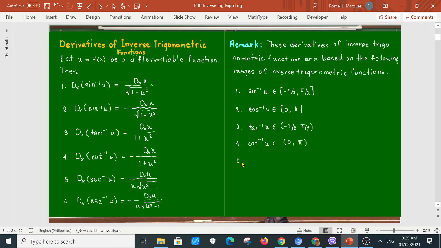Number 5, we have inverse secant u. The range is 0 to pi over 2, union with pi to 3 pi over 2.